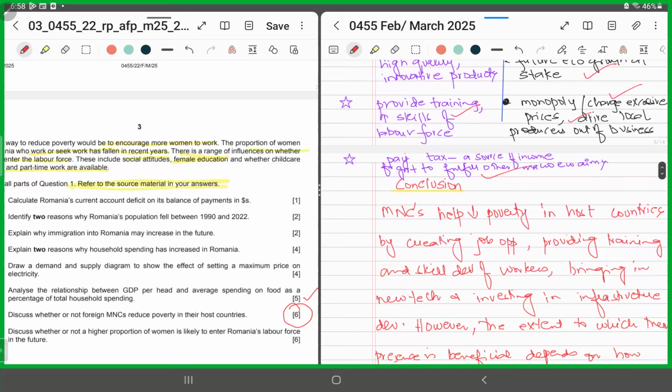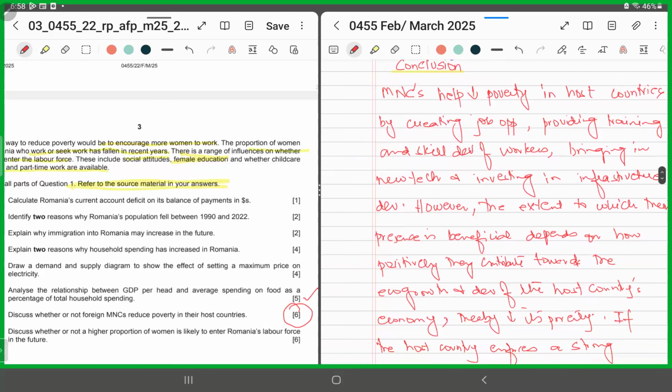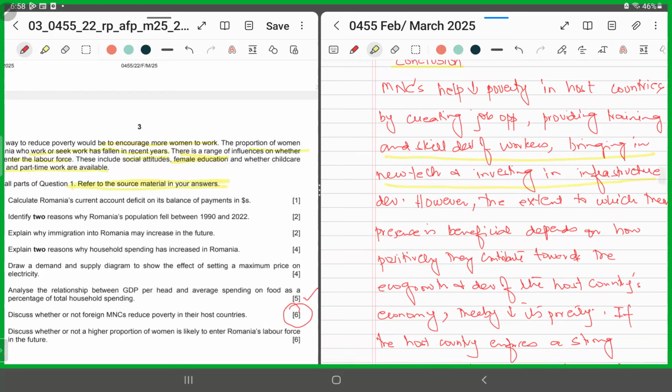So, the conclusion would be that MNCs might help in reducing poverty in the host countries by creating job opportunities, providing training and skill development of workers, bringing in new technology, and investing in infrastructure development.